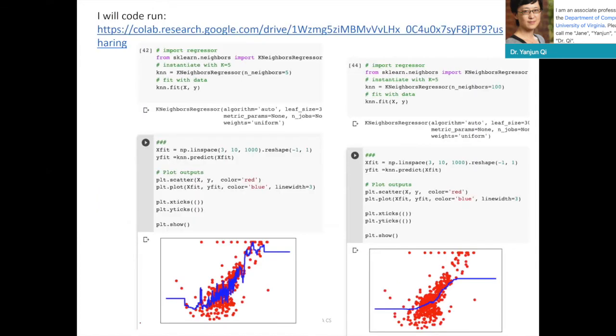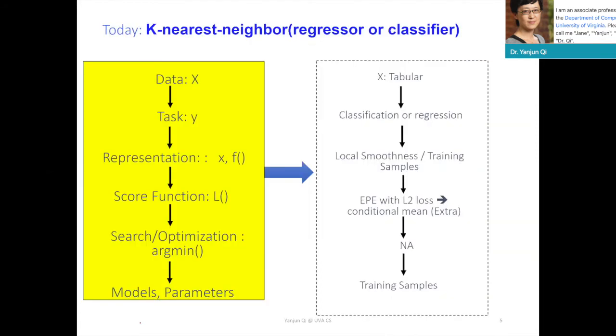So this is just the code run, and then to show you, I mean, the K actually matters, and K small, the model is more flexible. All right, so let's come back to the nutshell view, and let's dive into more details of the kNearestNeighbor method. So what is the representational assumption of kNearestNeighbor?